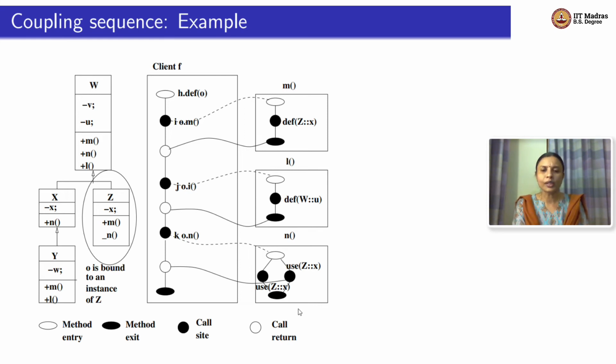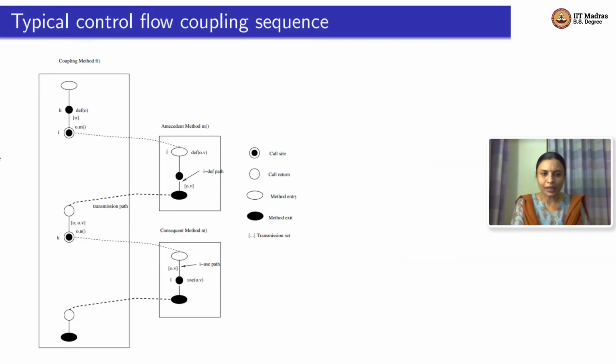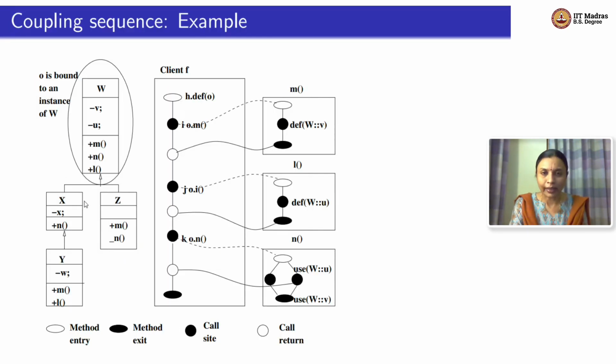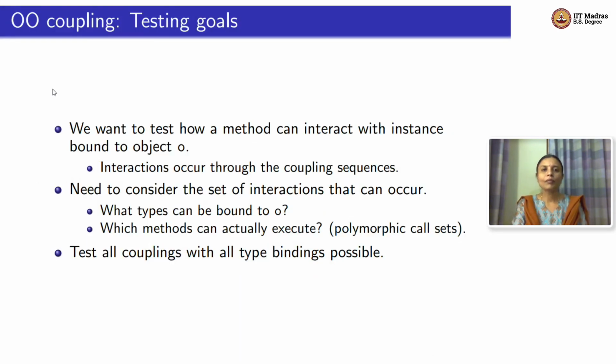In terms of uses, Z's X gets used, the one that gets defined by Z's m. So a picture like this can be visualized in the context of a class inheritance hierarchy like this, and which versions of which methods execute for defining and using the various variables depends on where the object o is bound to an instance of which class. That's all that is being said.